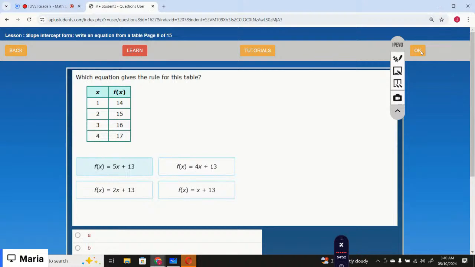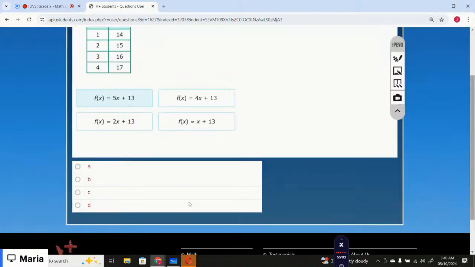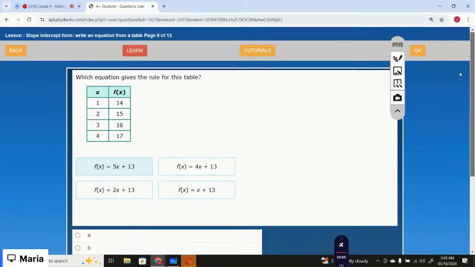That is x plus 13. F of x equals x plus 13 is the correct option, right? Option number D is the correct option.